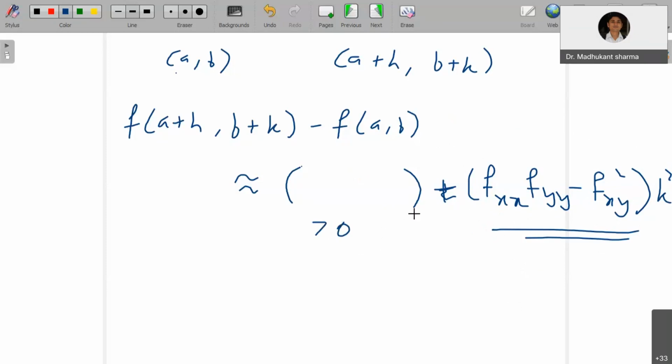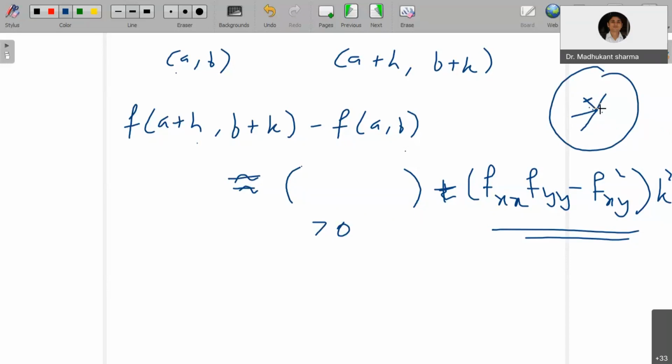Yes, sir. Okay, so this change which you are trying to identify, in the disk around the point a, b, which is a critical point: you are moving in some direction, any direction, a small increment a plus h, b plus k, looking nearby as small as possible.